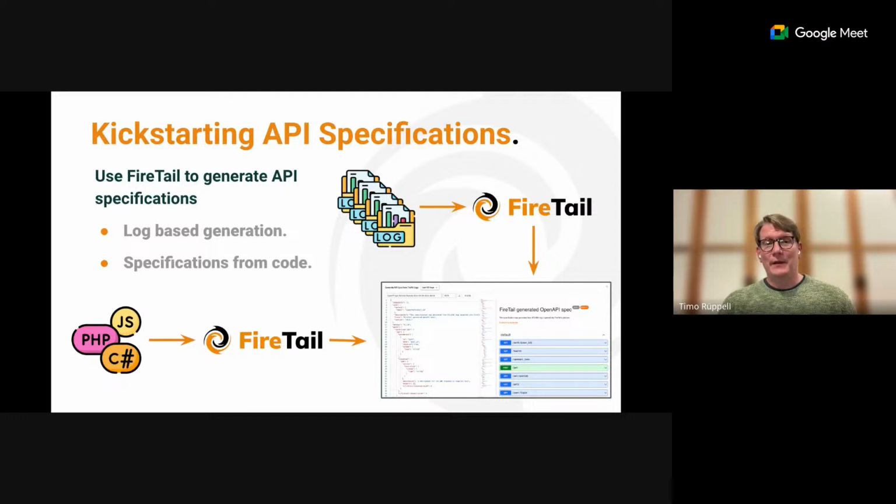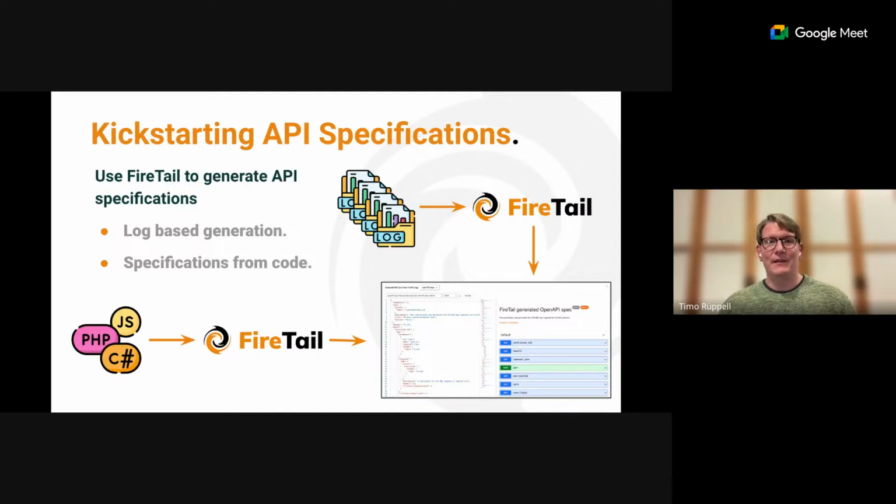The other way that we do is specification from code, where we have tooling and a system to get integrations with your code repositories, and then basically doing static code analysis for some languages, and as a very new feature, doing some large language model-based analysis for other languages to look through your code, identify points in the code that handle requests, and then extract routes and route parameters, query and response formats, etc. out of those.